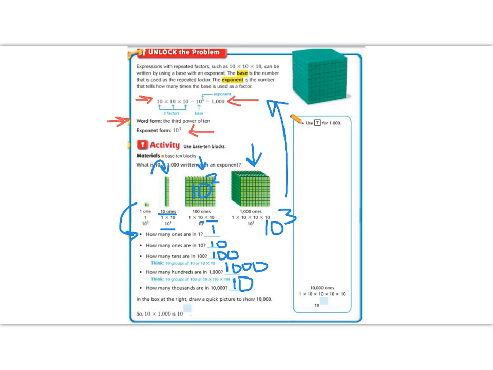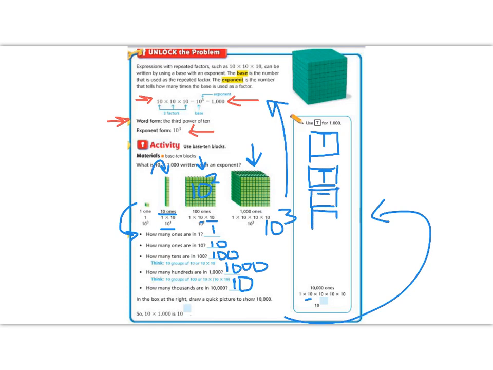So if I look up here, I want to actually go to this box now, and it says we're going to multiply 10,000 ones. And we're going to do that by multiplying 10 times 10 times 10 times 10. So that would be, each one of these is going to be 1,000. And I'm going to need 10 thousands.